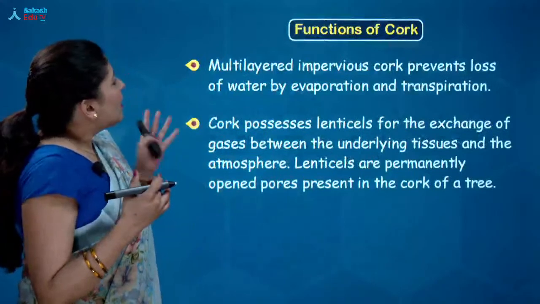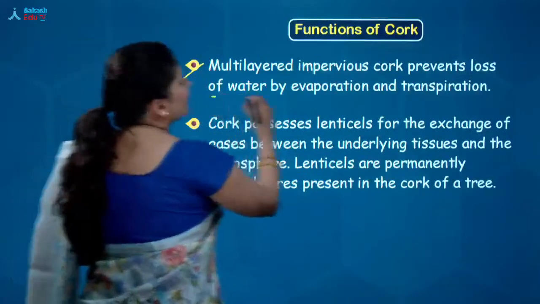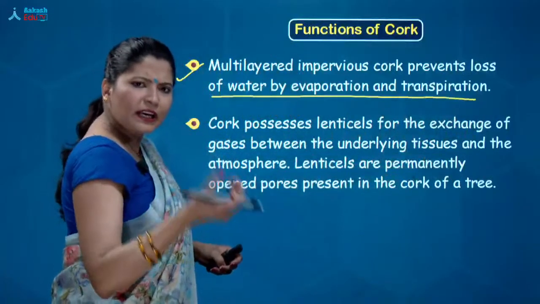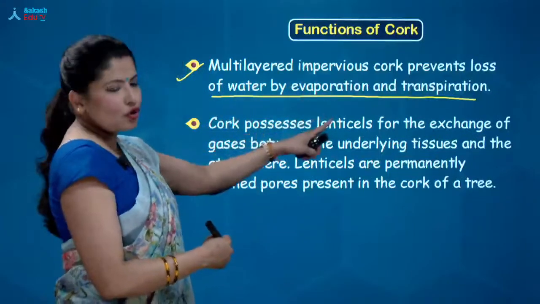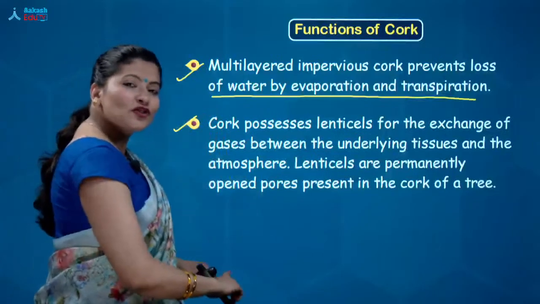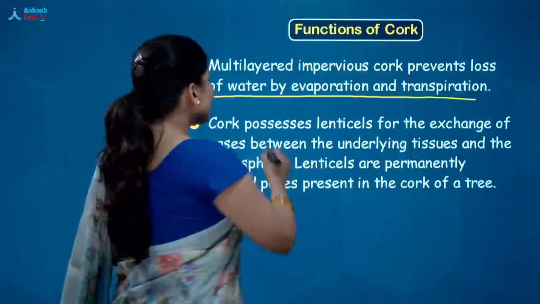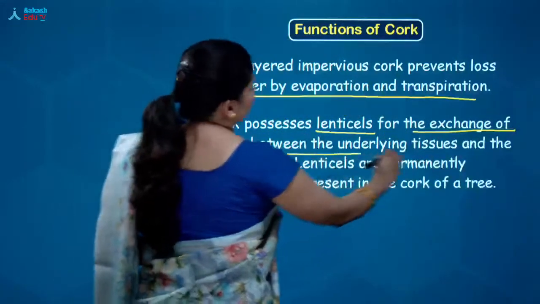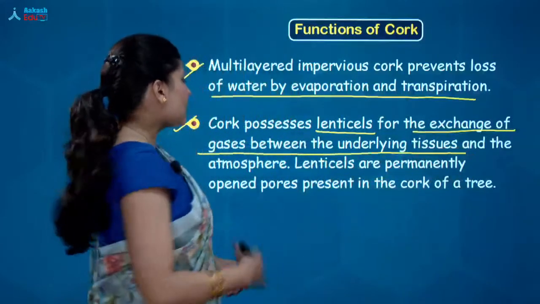Then multi-layered impervious cork prevents loss of water by evaporation and transpiration. So yes, it is very thick and multi-layered, hence it protects by preventing water loss. Cork possesses lenticels, and what was the function of lenticels I told you? That is gaseous exchange. So it possesses lenticels for the exchange of gases between the underlying tissue and the atmosphere.